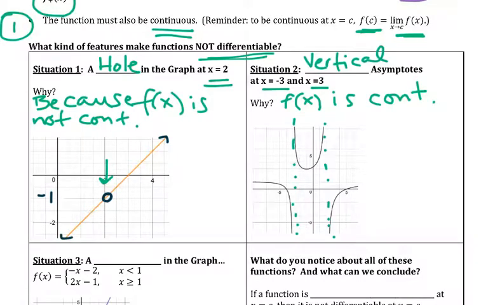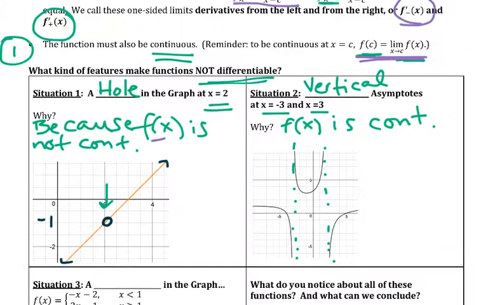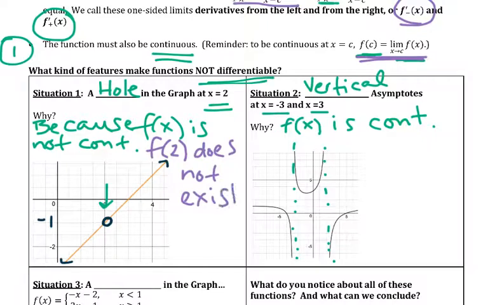And going back to our specific definition of continuity up here, for situation 1, we can say f of 2 does not exist. So that's where it fails the continuity test. F of 2 does not exist.